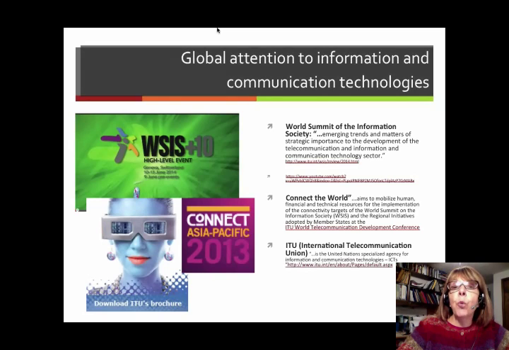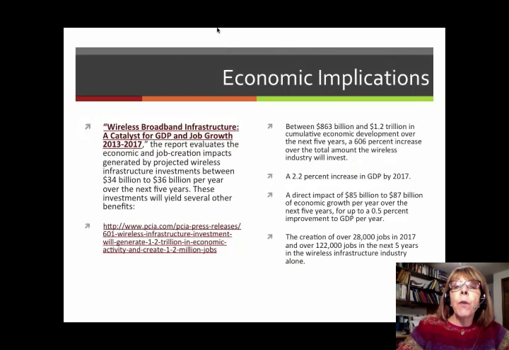And I wanted to make you aware of some of the publications, organizations, and governments and what they're doing about it. There are also economic implications.